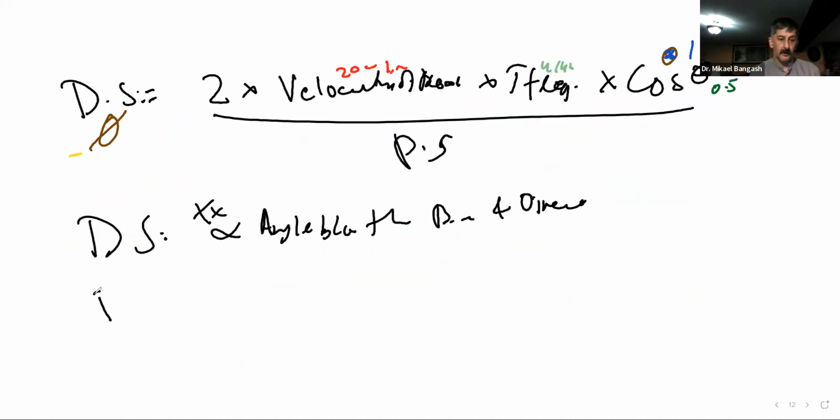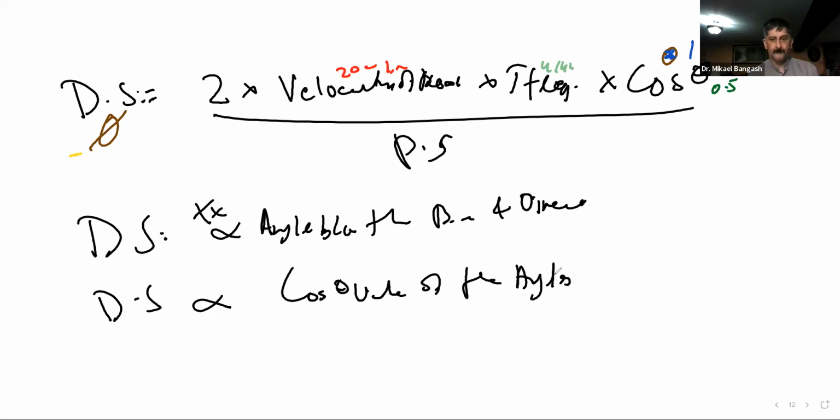So your Doppler shift is directly proportional to the cosine theta value of the angles, where we could say 0 degrees and 180 degrees have cosine theta values of respectively 1 and -1.